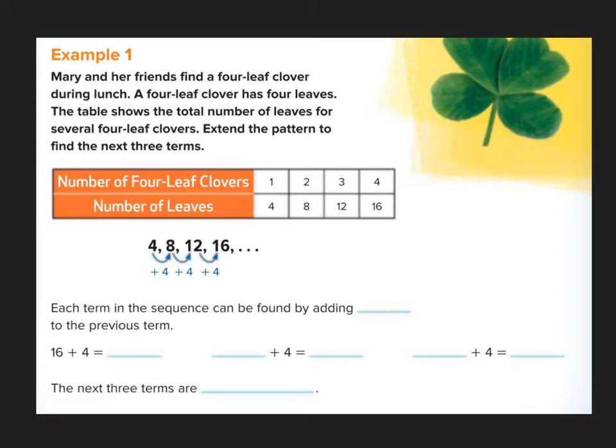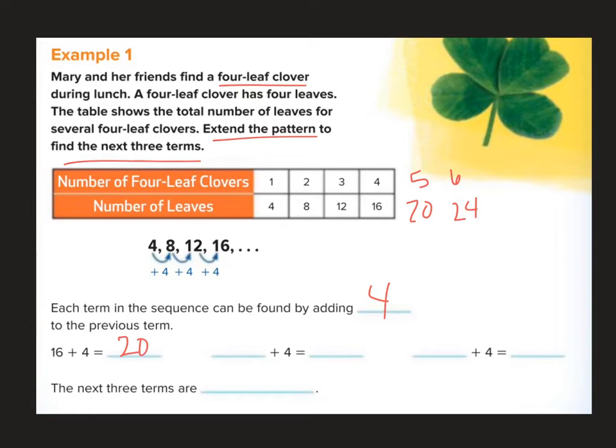Mary and her friends find a 4-leaf clover during lunch. A 4-leaf clover has 4 leaves. The table shows the number of leaves for several 4-leaf clovers, and we need to extend the pattern to find the next 3 terms. Each term in the sequence can be found by adding 4, because each one has 4. So 16, this is really like multiplying. I don't know why they have you practicing such a basic one, but 6 would be 24.